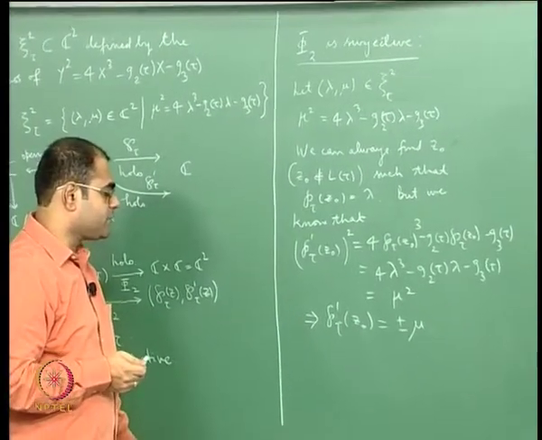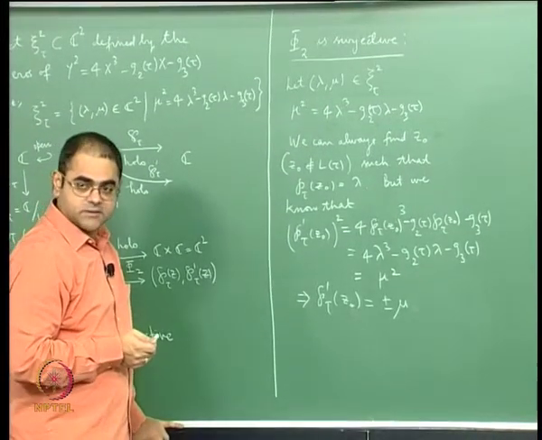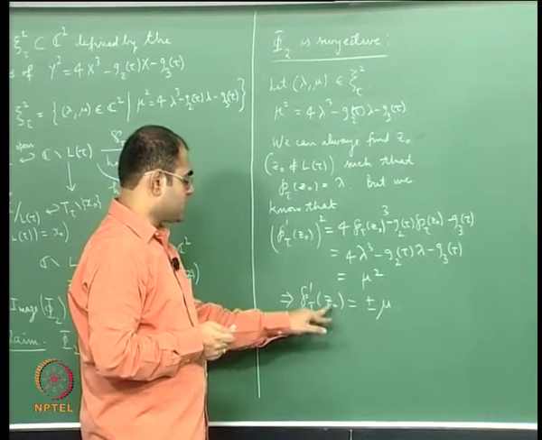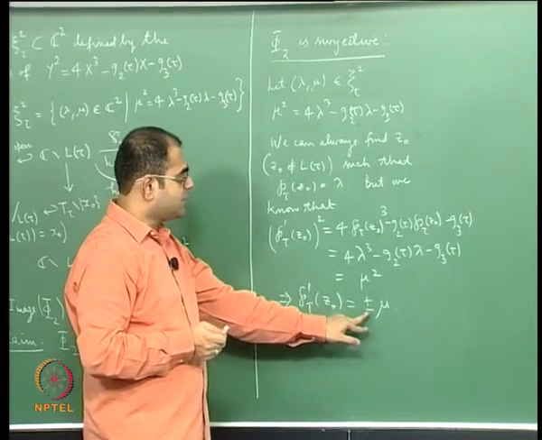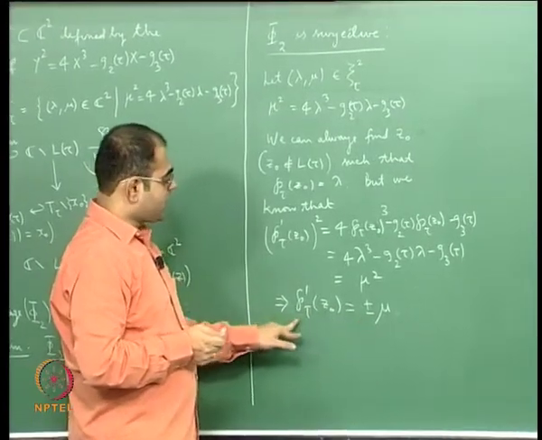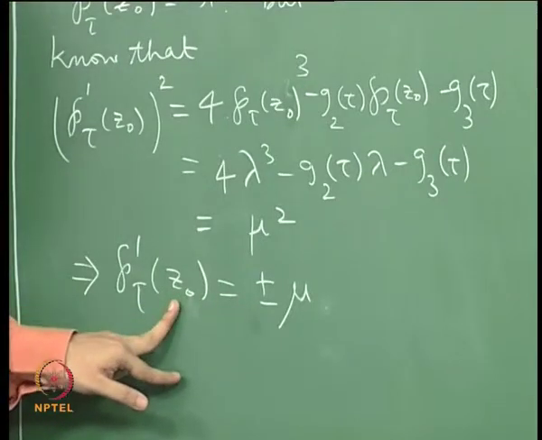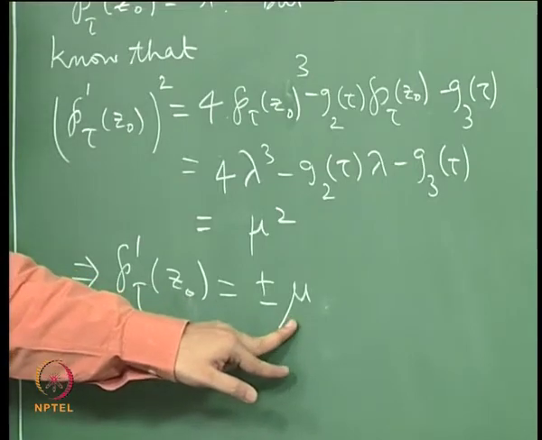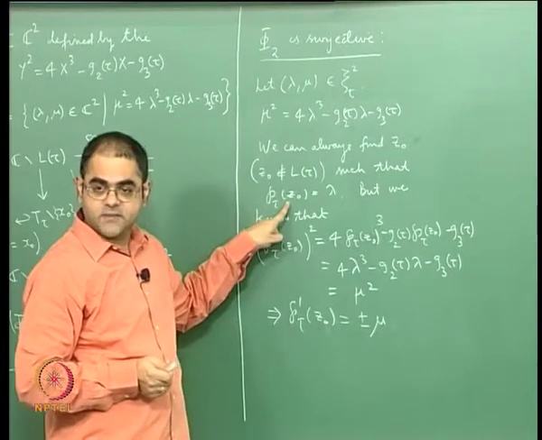Recalling the fact that phi prime is an odd function, we are also trying to find z0 so that phi prime tau of z0 is equal to mu. If phi prime tau of z0 is minus mu, replace z0 by minus z0 so that phi prime tau of z0 will become plus mu, and the value of phi tau of z0 will not change because phi is an even function.